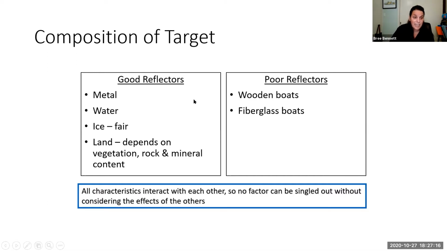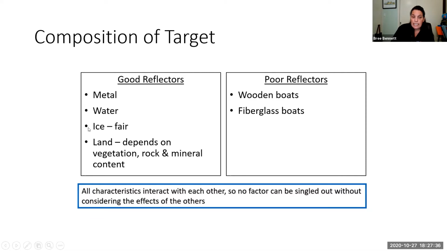So this next slide is our composition. Wooden boats and fiberglass boats are poor reflectors. Metal, water, land, and ice are going to be good reflectors coming back towards us. So we want to keep that in mind.